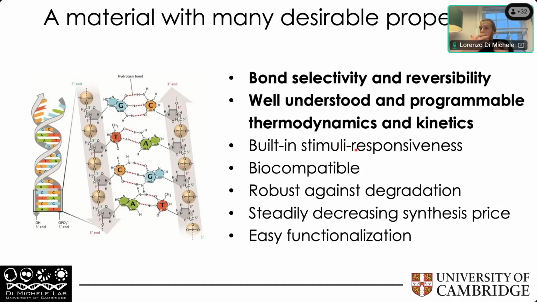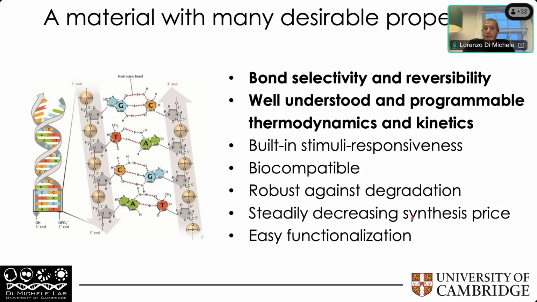We haven't really seen this, we didn't have time, but you can have responsiveness to other types of external stimuli which are built in DNA. For example, you can have pH responsiveness, you can have responsiveness to the identity of cations that you have using non-canonical DNA nanostructures. Of course, it's biocompatible, it's quite robust against degradation, and you can synthesize synthetic nucleic acids with any sequence, as long as they are sufficiently short, chemically, and the price of this chemical synthesis is decreasing steadily.